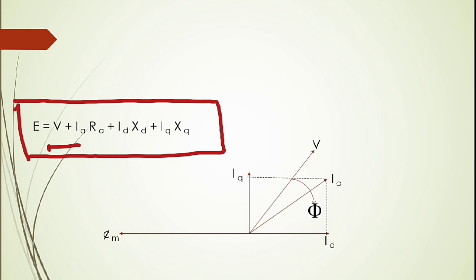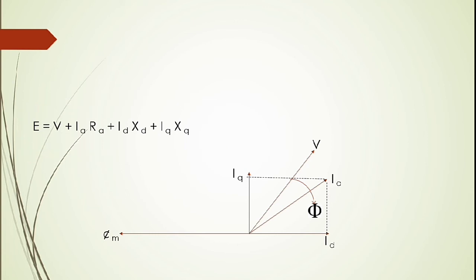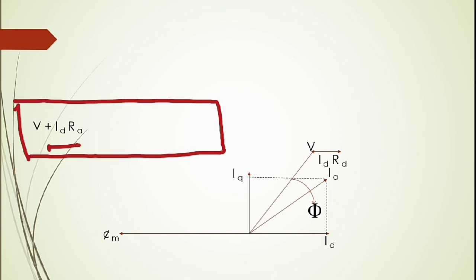If I do the phasor sum, then we will get the EMF E. So our first step is V plus IDRA. From V we see ID. Where is ID? Here is ID. So in parallel with ID, we draw IDRD, the D axis resistive voltage drop.